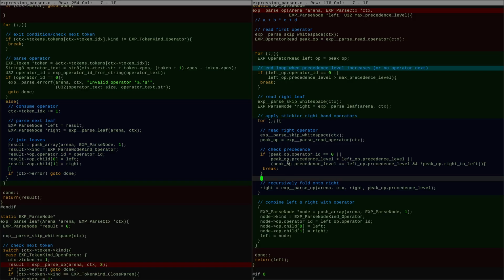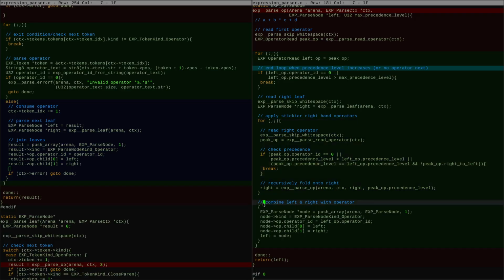That way, if this breaks, then it builds a new node using the fully compiled up right hand side and the left hand side and the operator.